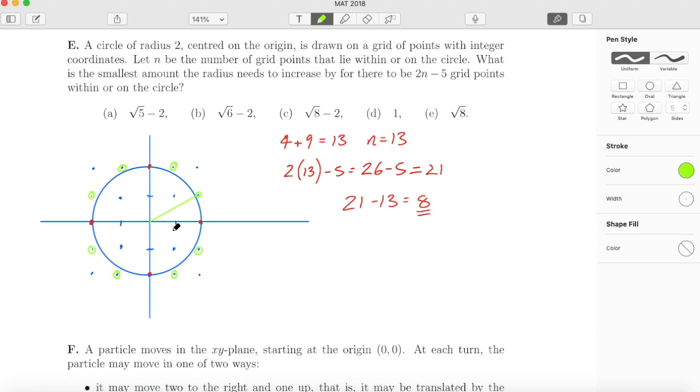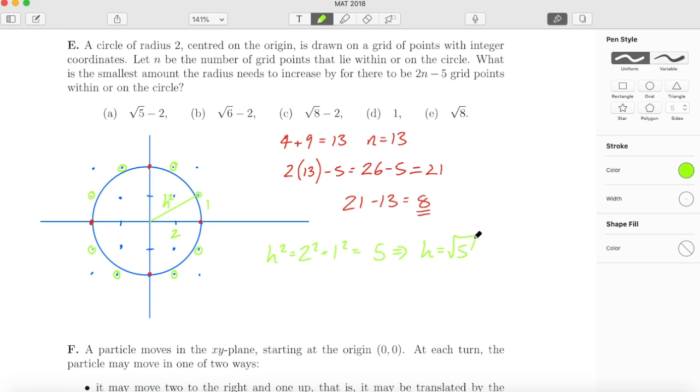Obviously this distance is 2, this distance is 1. Using Pythagoras' theorem, we know that h squared is equal to 2 squared plus 1 squared, which is just 5. So h squared equals 5, which obviously implies that h is equal to the square root of 5.